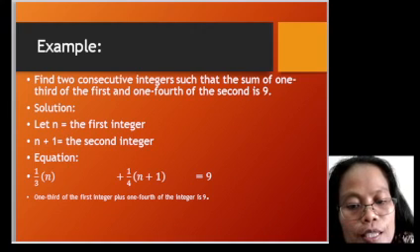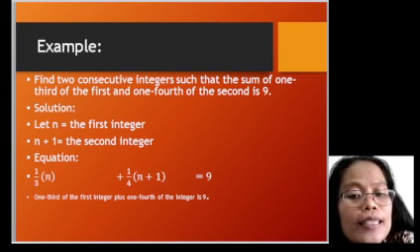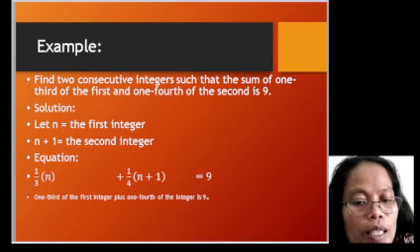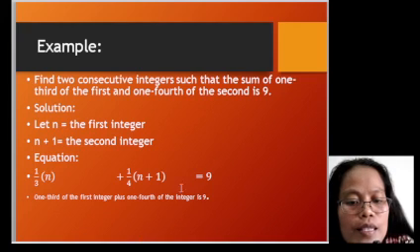So we have here 1/3 of the first integer. So what shall we do with that? How will we translate that into a mathematical expression? So 1/3 times n, because we let n be the first integer. And then we know already the plus, and 1/4 of the second integer is 9.